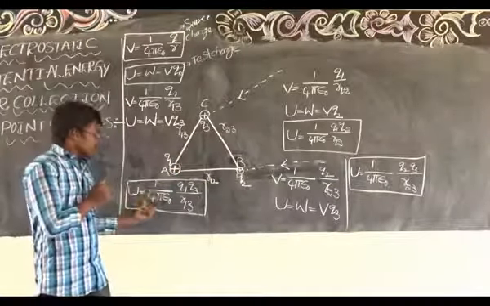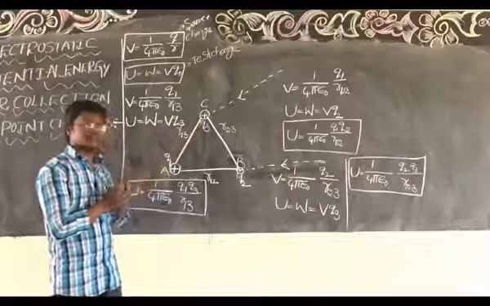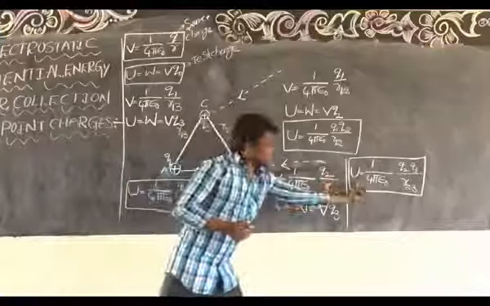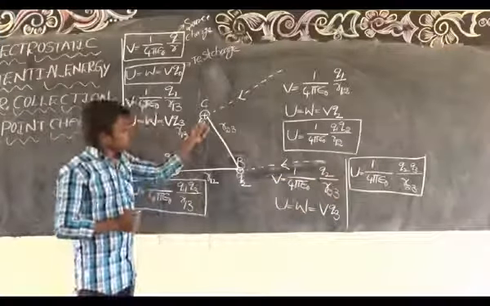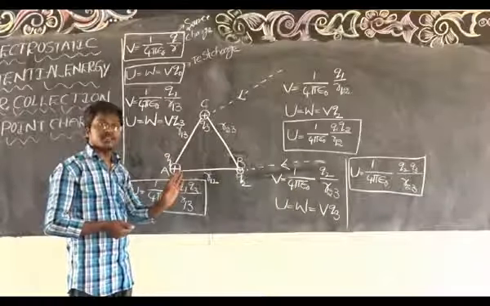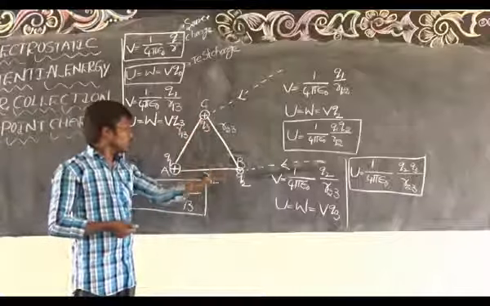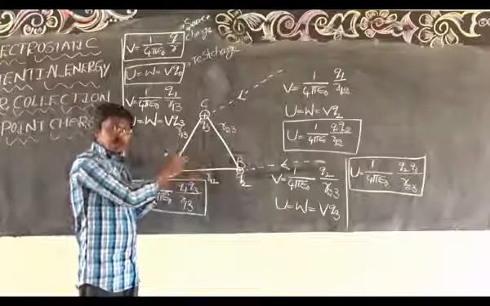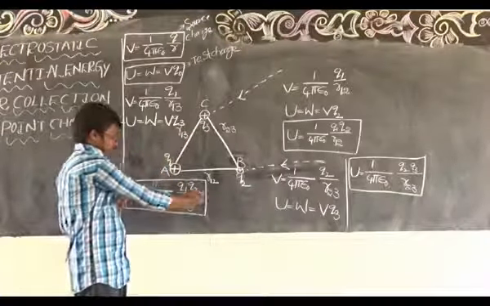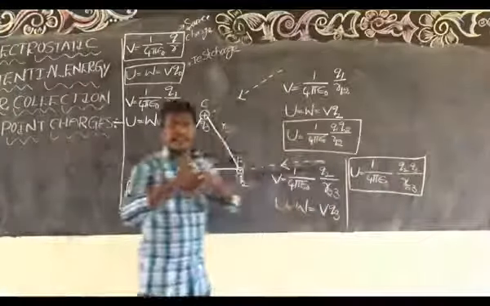This is the electrostatic potential at point C due to first charge, and this is due to second charge. But I don't want separate. I want electrostatic potential at point C due to both these charges. So what I am doing is adding this electrostatic potential energy and this electrostatic potential energy.